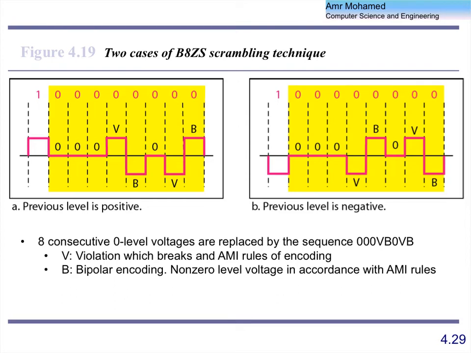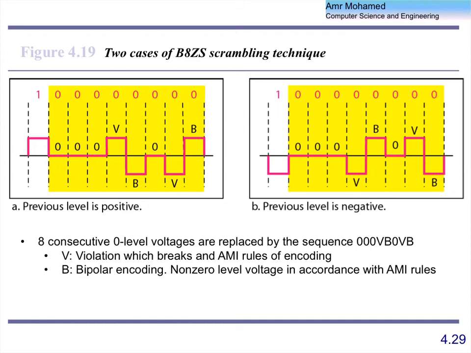If I see 8 consecutive zeros, what I will do is map these 8 zeros into 0 voltage, 0 voltage, 0 voltage, and then something called violate. And then this violate, I will change the one after it to negative, and then 0, and then again to negative, and then to positive.